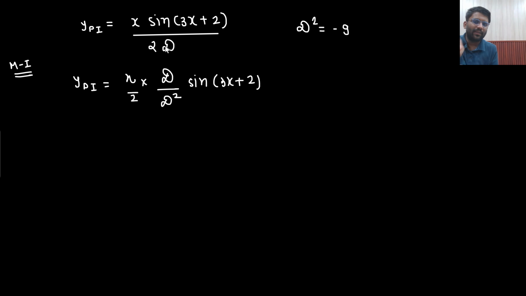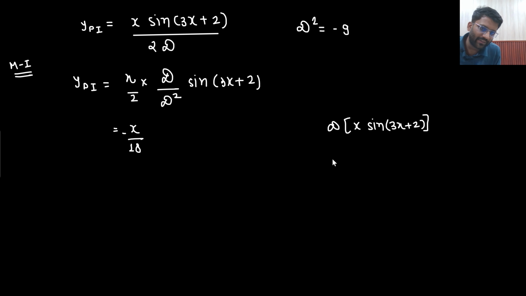So if I am multiplying with D and dividing with D, now D square will be put as minus 9. So this will become minus 18, because minus 9 into 2 will be minus 18. Now, sir, D means differentiation. Someone would say, sir, do I need to differentiate x sine 3x plus 2, or will I differentiate sine 3x plus 2?